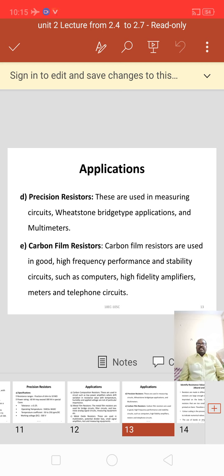Next, precision resistors are used in measuring circuits, Wheatstone bridge type circuits, and multimeter circuits. Carbon film resistors are used where good high frequency performance and stability are needed, in circuits such as computers, high fidelity amplifiers, meters, and telephone circuits.